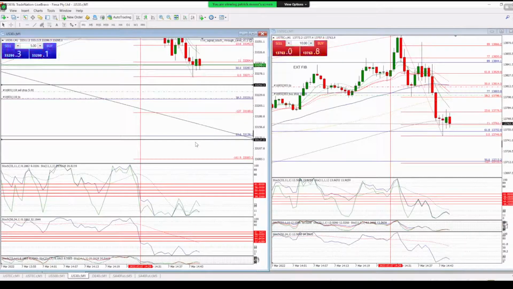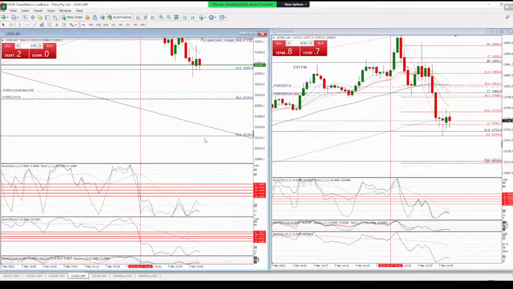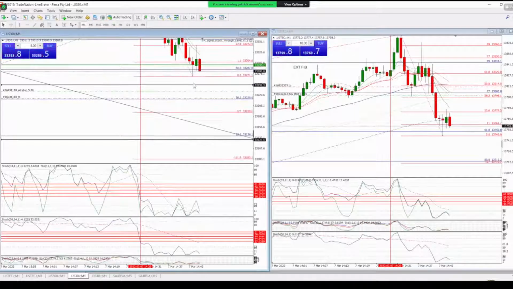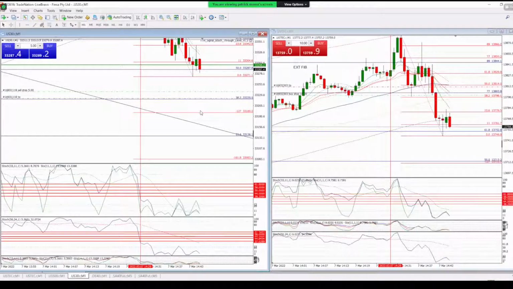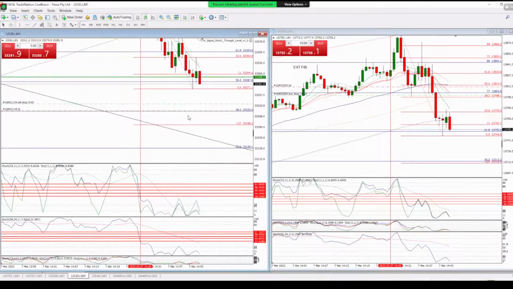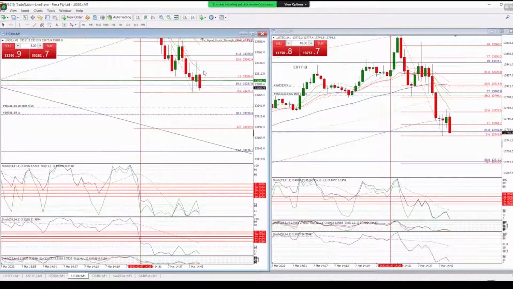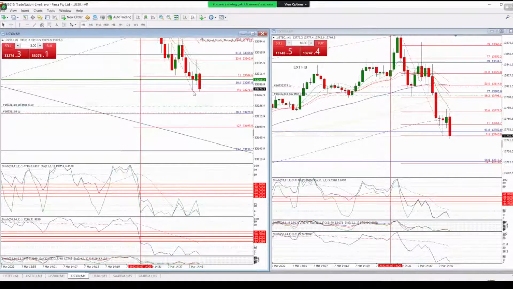Let me just delete them. Everything now depends where this candle closes for trend chaser. No, you're going to have to wait for another 2 candles.